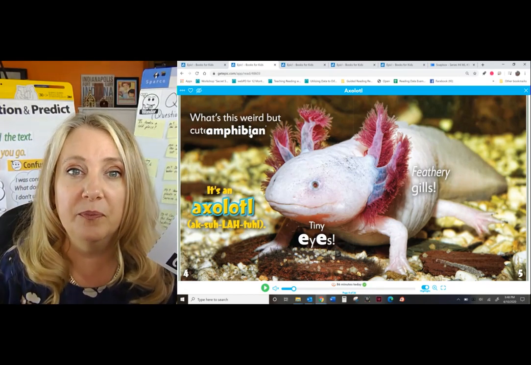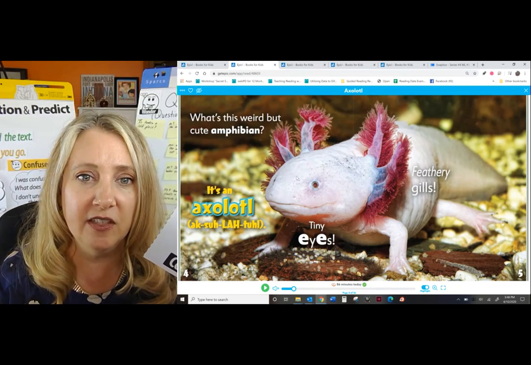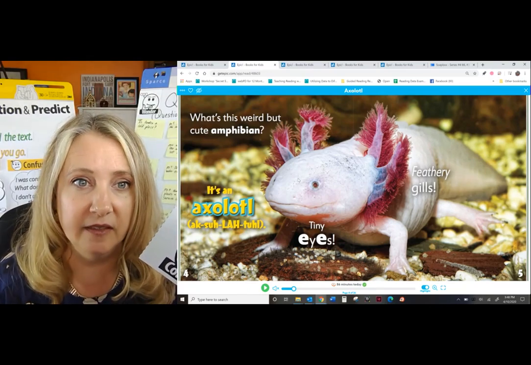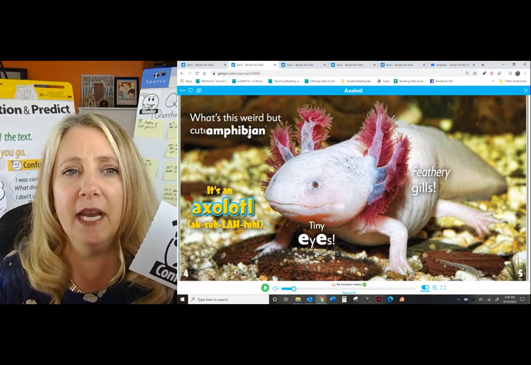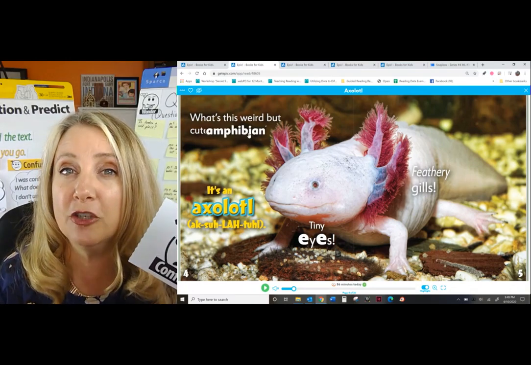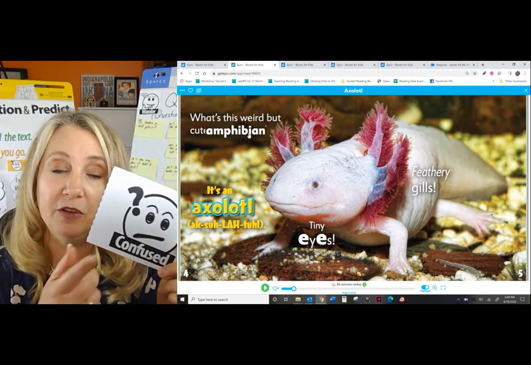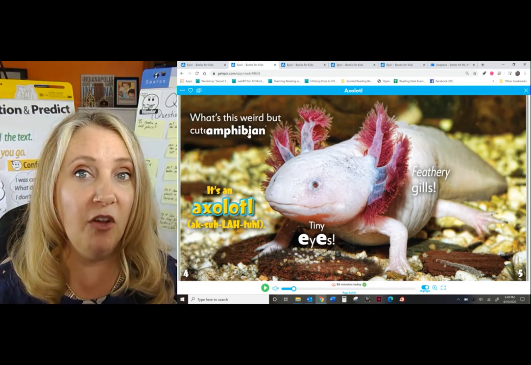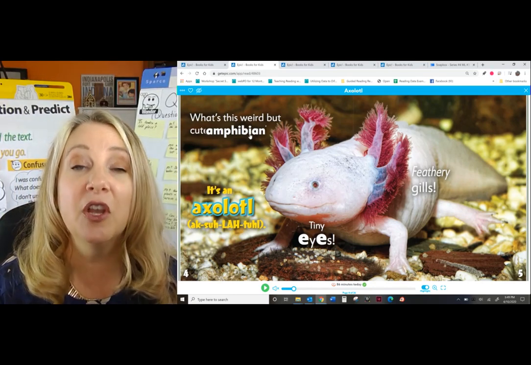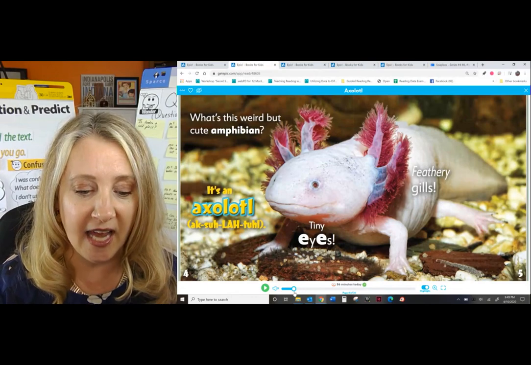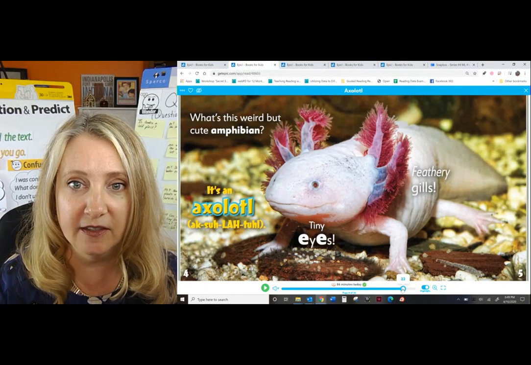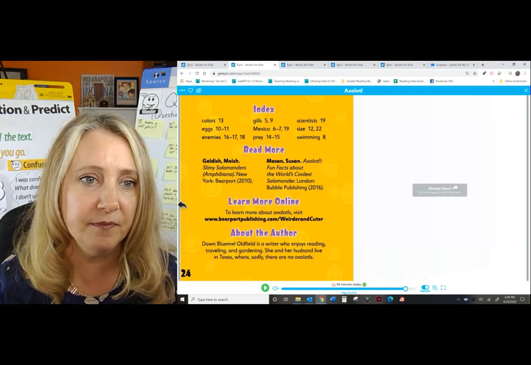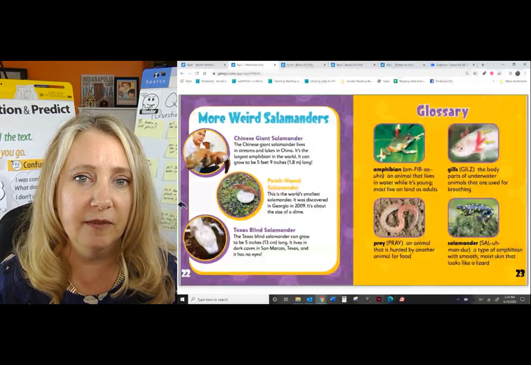Where could we go? Well, we could check a picture. That's a text feature. Is this an amphibian? But I still don't really know what an amphibian is. So where should we go? When we're confused, we help ourselves by going to the glossary. And a lot of informational text has a glossary. So let me go back here to the glossary.